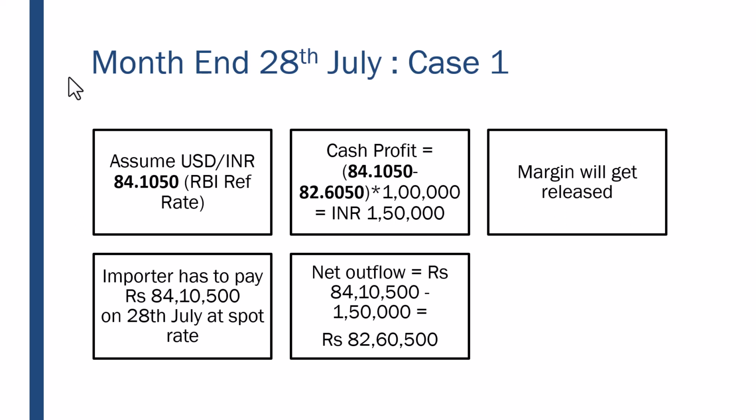They will say today's rate is 84.10. You pay 84 lakh 10,000 and we will give you $1 lakh, which you can send to your supplier. Bank will send it. So they will charge you 84 lakh 10,000 because the rate has gone up. If you have not taken a hedge, you would have suffered a loss. But since you have taken a hedge and you have got 1,50,000 from the stock exchange, your net outflow is how much? 82 lakh 60,500. Is that okay? Have you got it?